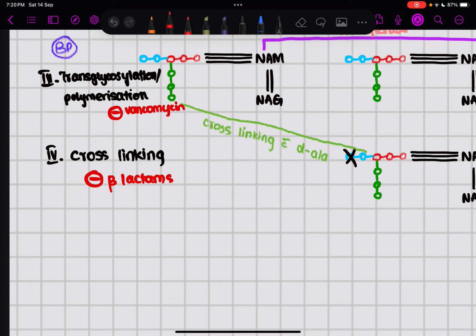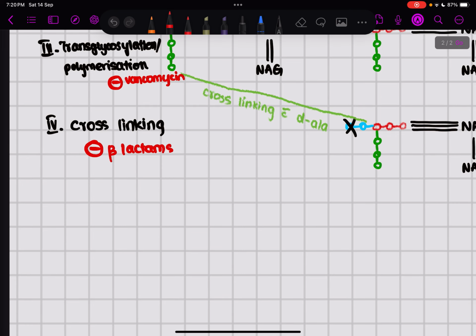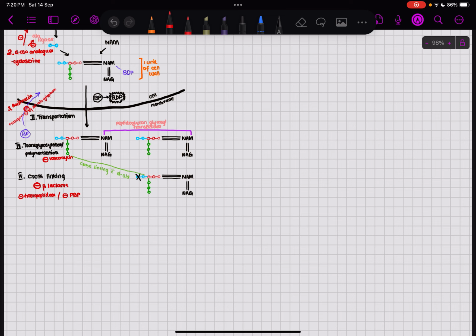Beta lactams are transpeptidase or this penicillin binding protein inhibitors. They block the cross linking. They inhibit transpeptidase or inhibit penicillin binding protein.